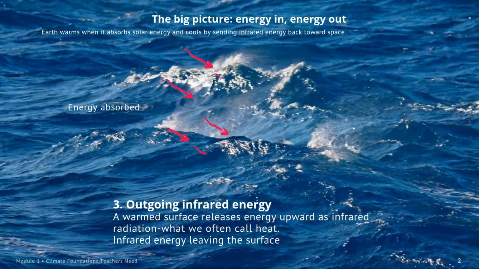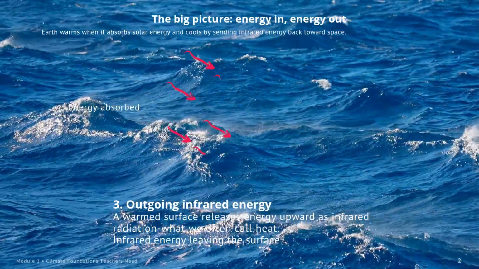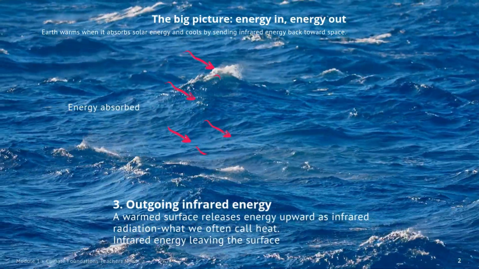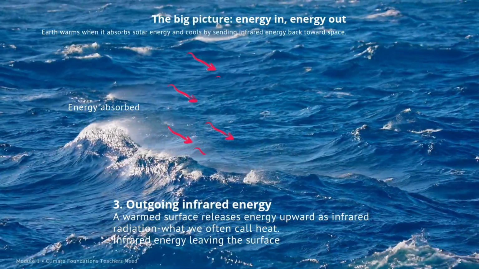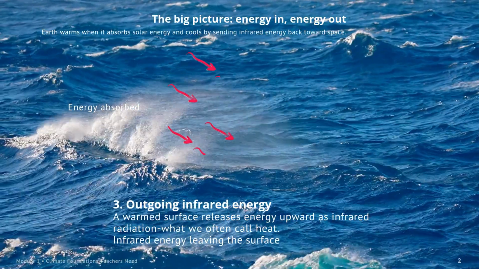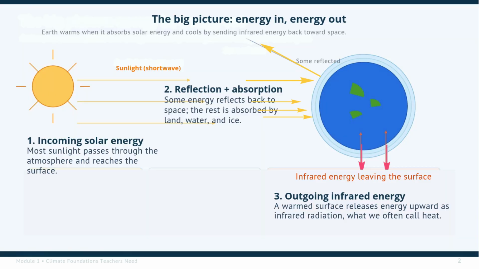But a lot of it reaches Earth's surface and gets absorbed by land, water, and other surfaces. Once the Earth warms up, it sends energy back upward as infrared energy, which we often think of as heat.